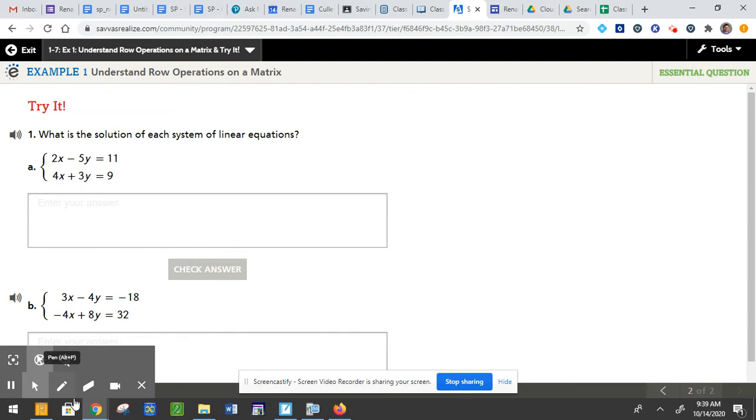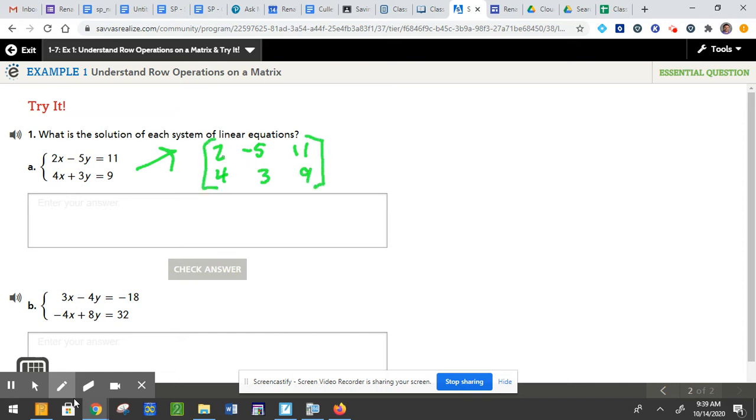So the first thing I'm going to do is convert the system of equations into a matrix. So 2, negative 5, 11, 4, 3, 9.